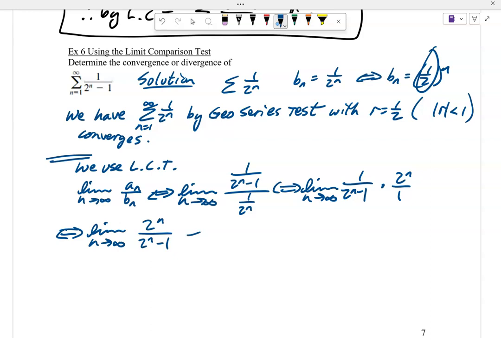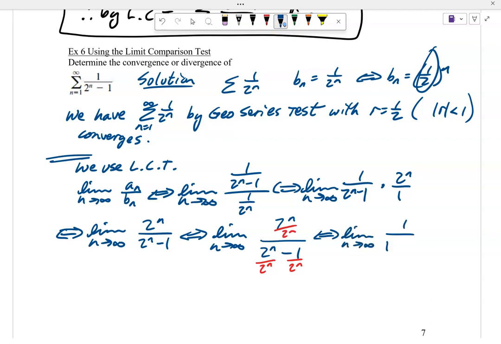What I'm going to do here is solve this algebraically. That's because L'Hopital's is limited on this one. It's not going to help us out. I just keep getting the same derivative over the same derivative, which means I keep staying indeterminate in form. So instead, I'm going to divide everything by 2 to the n, do this algebraically. And I got 1 over 1 minus 1 over 2 to the n.